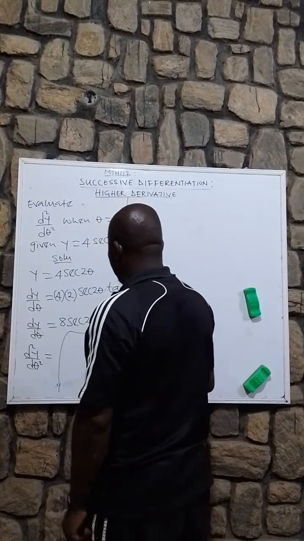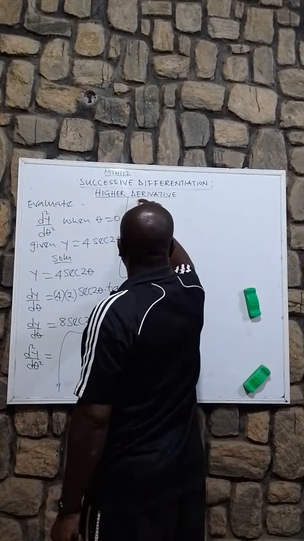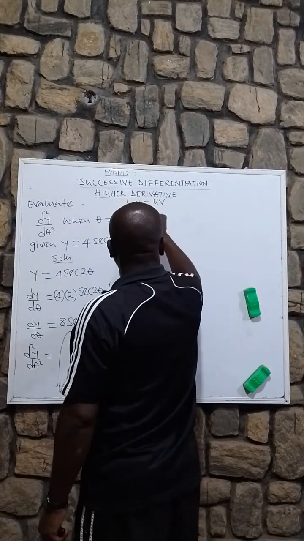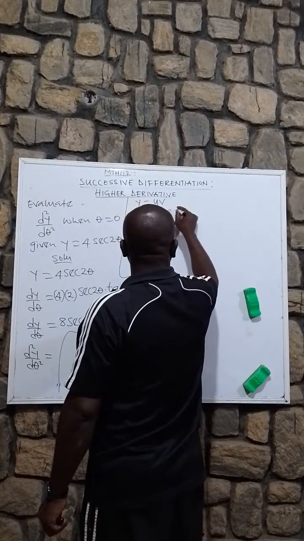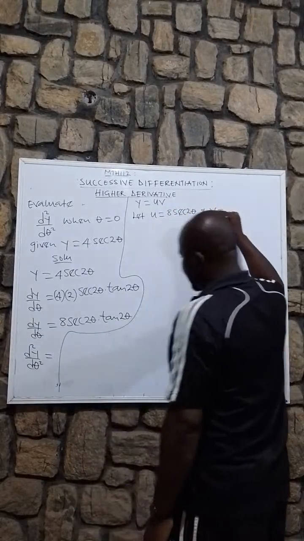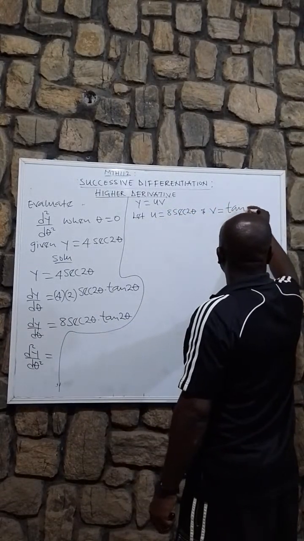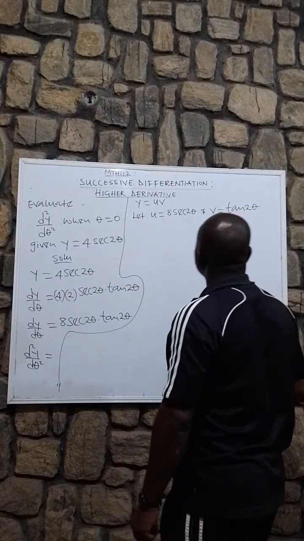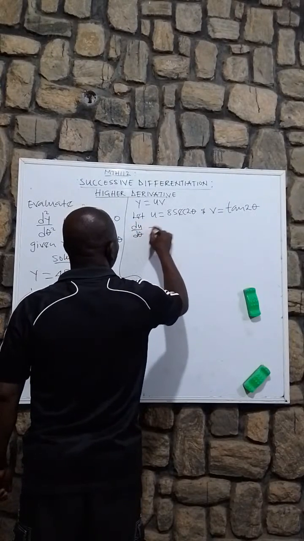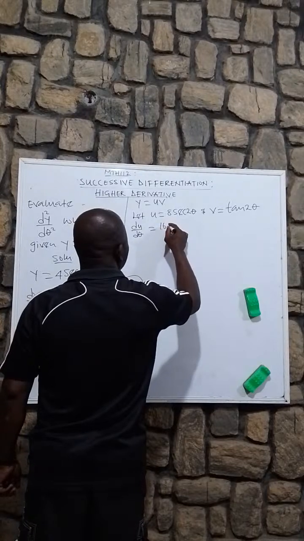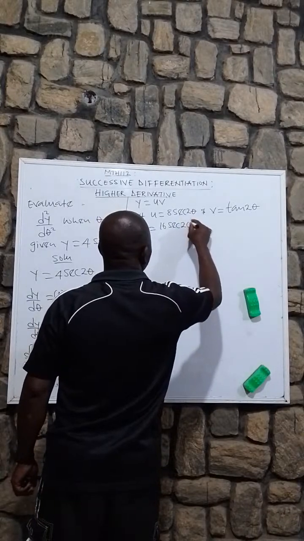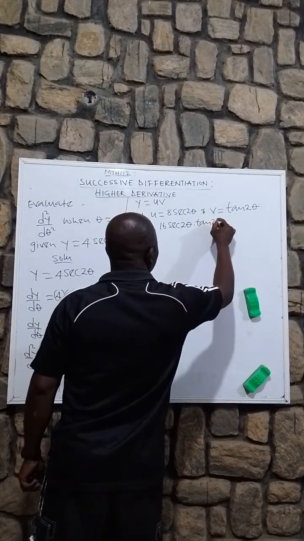Yeah, take notes. So let us use product rule to write y is equal to uv. Then let u be equal to 8 sec 2 theta and v be equal to tan 2 theta, right? So let's differentiate this. Our du over d theta, we are going to have 16 sec 2 theta times tan 2 theta.